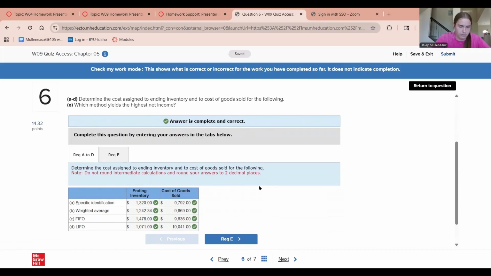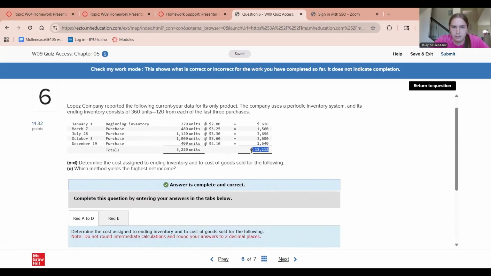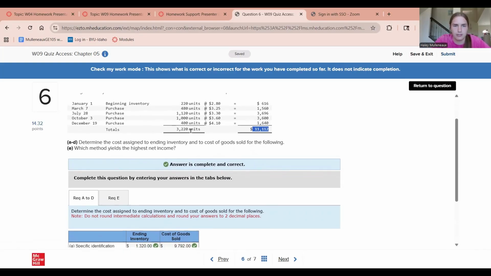Now moving on to the weighted average. For weighted average, we take the total dollar amount, which again is 11,112, and we divide it by the total units, which is 3,220. So 11,112 divided by 3,220.